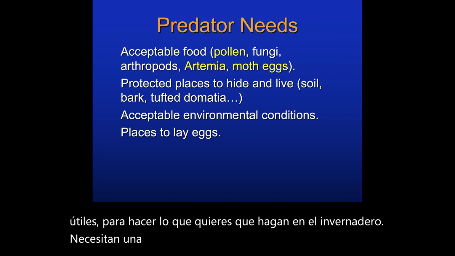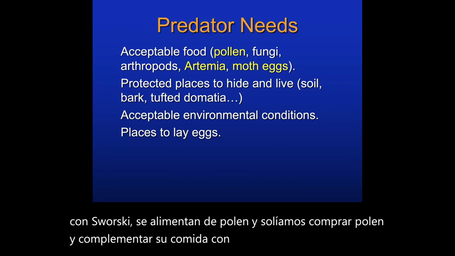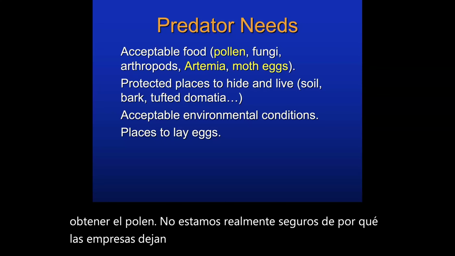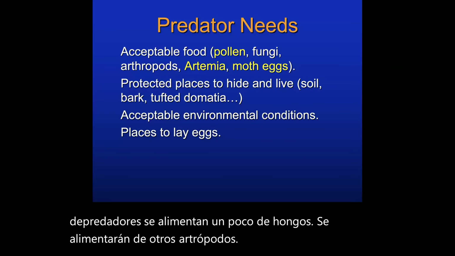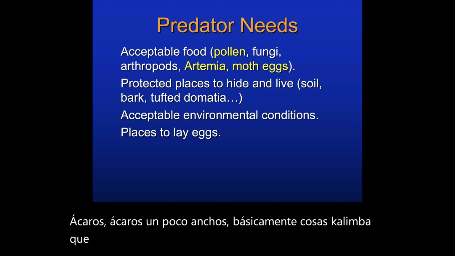For example, with swirskii, they will feed on pollen, and we used to buy in pollen and supplement their food with pollen, but we can't get the pollen anymore. We're not really sure why companies quit selling it. Some of these predators will feed a little bit on fungi. They'll feed on other arthropods, spider mites a little bit, broad mites, basically Collembola, things that they can catch. They will feed on and keep them in the environment.